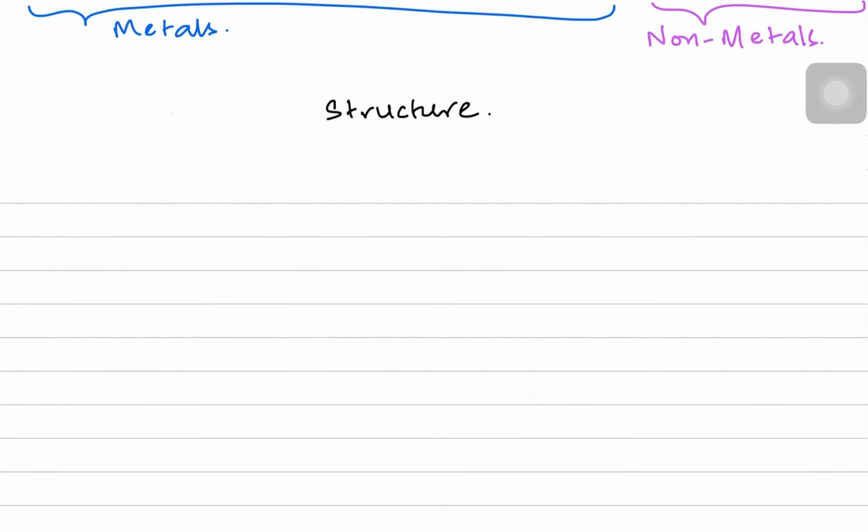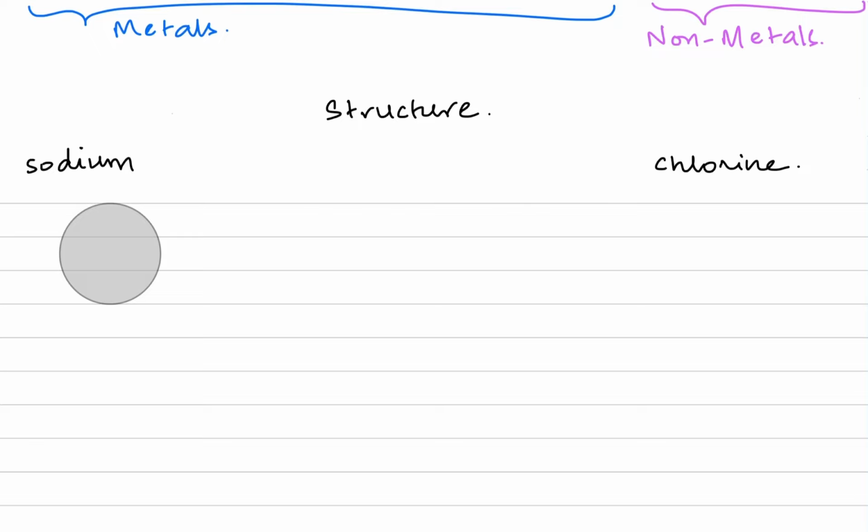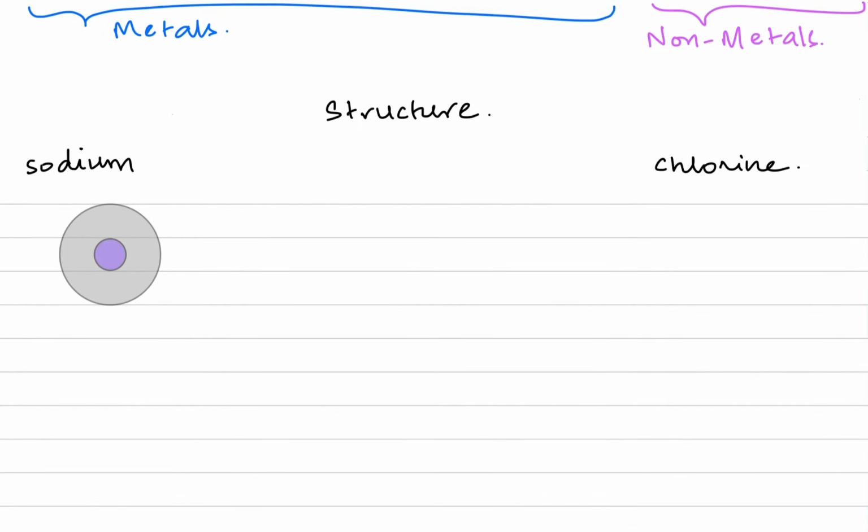Let's have a look at the structure of metals and non-metals. Let's pick sodium as an example of metals and chlorine as an example of non-metals. Sodium atom has its nucleus, and since sodium is in period number 3, it has 3 electronic shells.